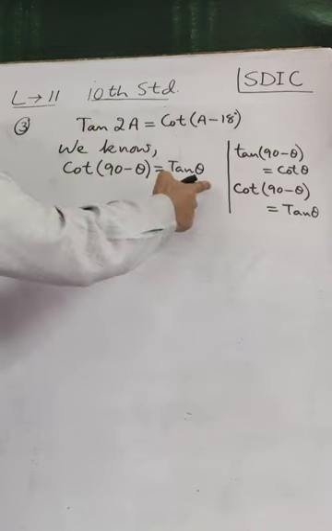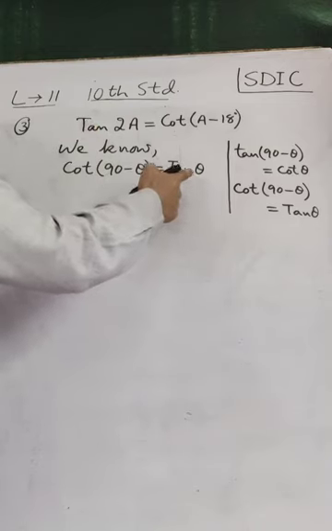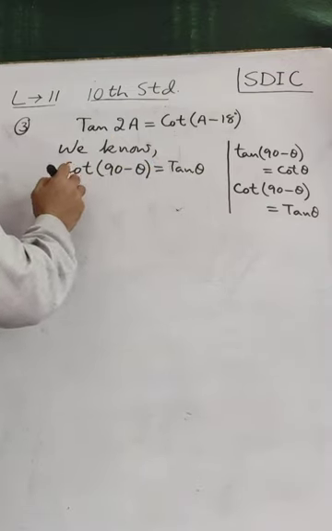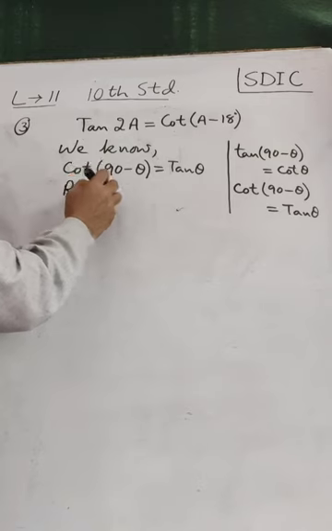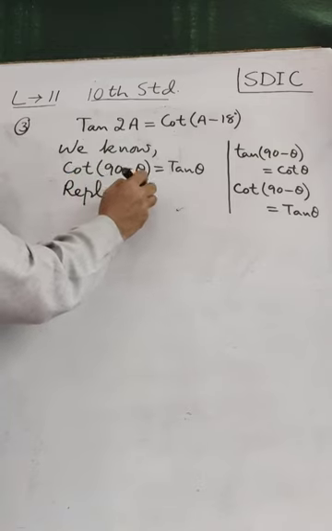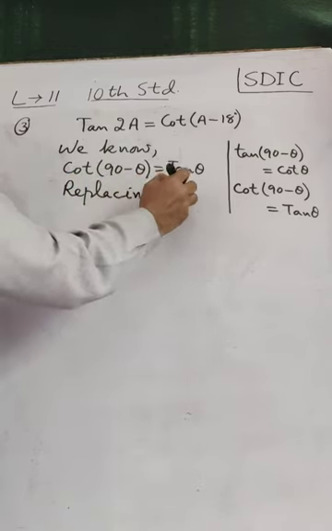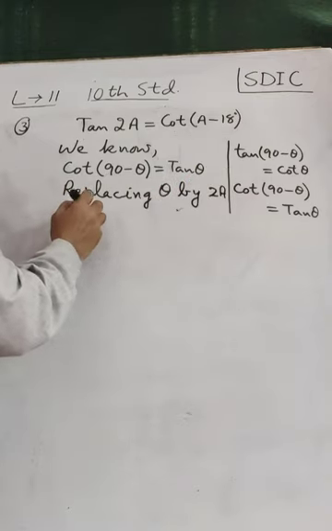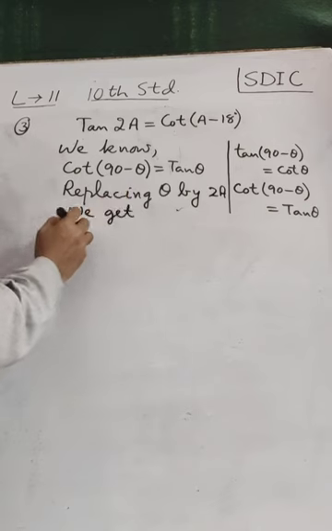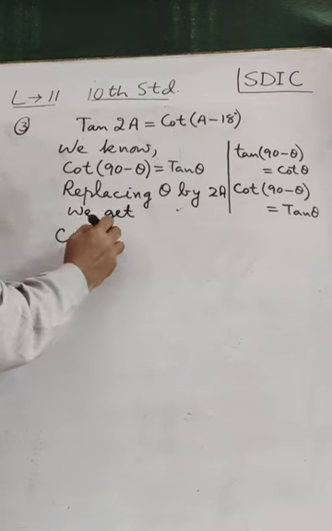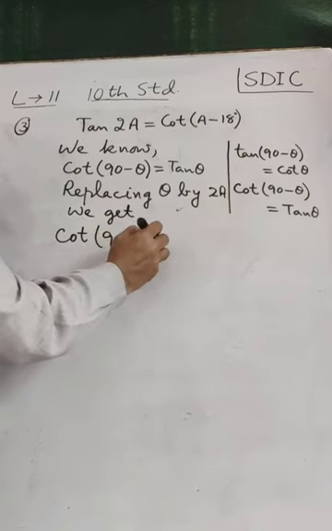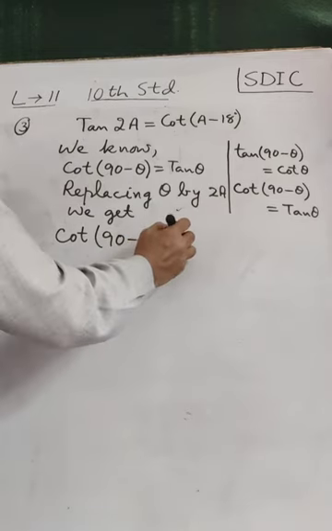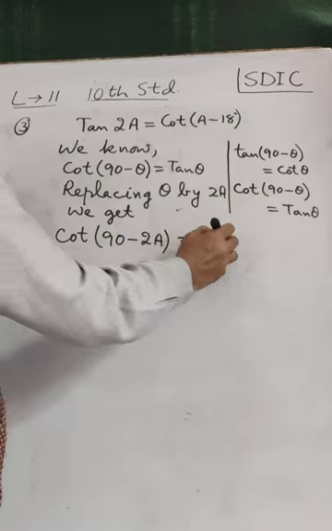Tan has theta here. To do that, you have to replace theta by 2a. So replacing theta by 2a, we get cot 90 minus 2a is equal to tan 2a.